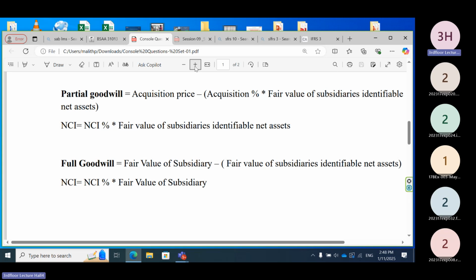Who are the parties giving consideration? 600 from the parent company and 160 from the NCI, a total of 760. Against 500 net assets, what is the overall goodwill, overall consideration versus net assets? 260. Simple, right?